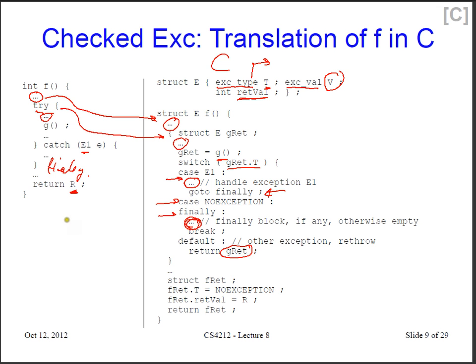Now, if we have made it to this point, it means that we can safely return our value R. All right, so we have to declare a function that should hold the value, right? And it is very important that we set the type to no exception, right? There's no exception being thrown. This is what will make the caller of f consider R as a return value, right?